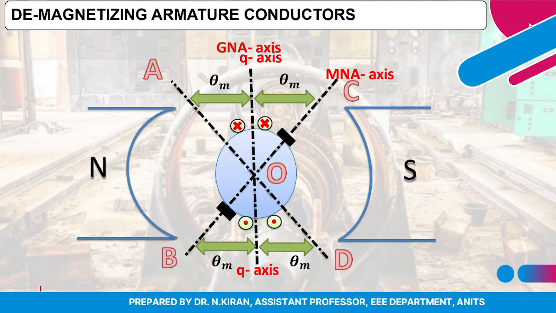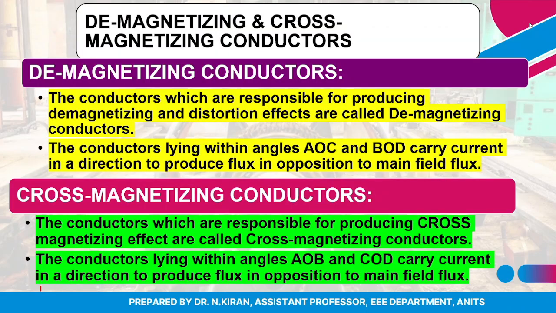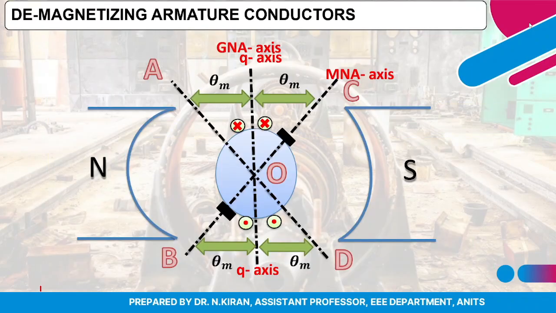Coming to cross-magnetizing conductors, these are the conductors which are responsible for producing cross-magnetizing effect, and they lie between the angle AOB and COD, and they also carry current in a direction to produce flux opposite to the main field flux.